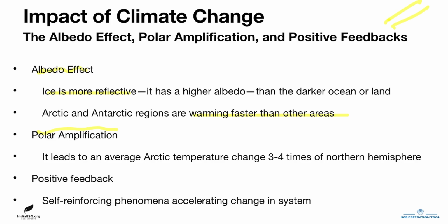This amplification increases or compounds the impact of albedo effect. So this amplifies the average Arctic temperature change to 3 to 4 times than the rest of the northern hemisphere. Now coming to the impacts of this amplification, the impact is very high.